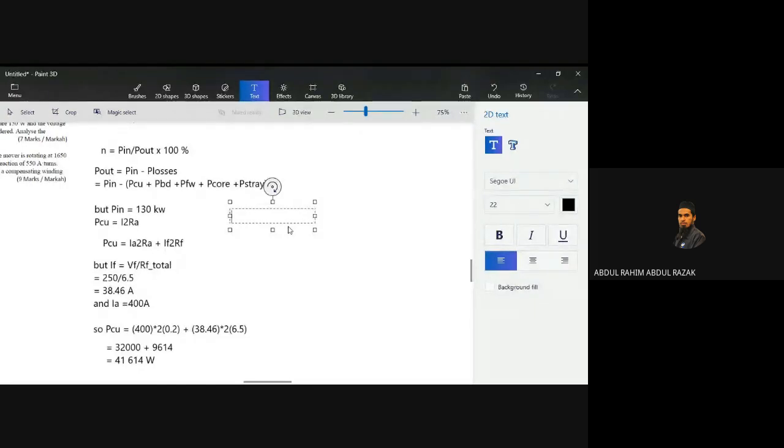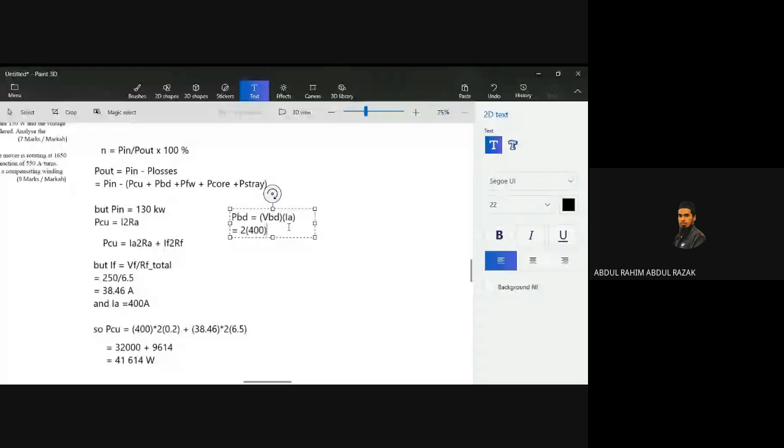So P brush drop is equal to V brush drop times I armature, which is equal to 2 times 400 ampere, equal to 800 watt.